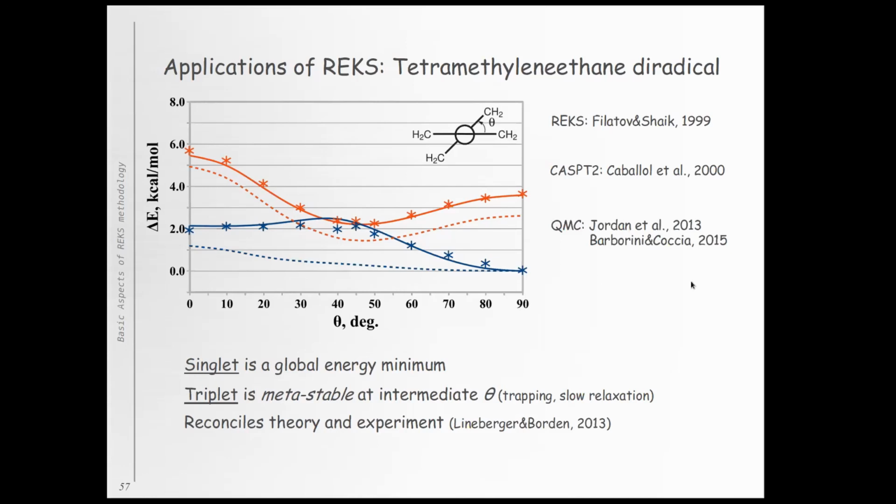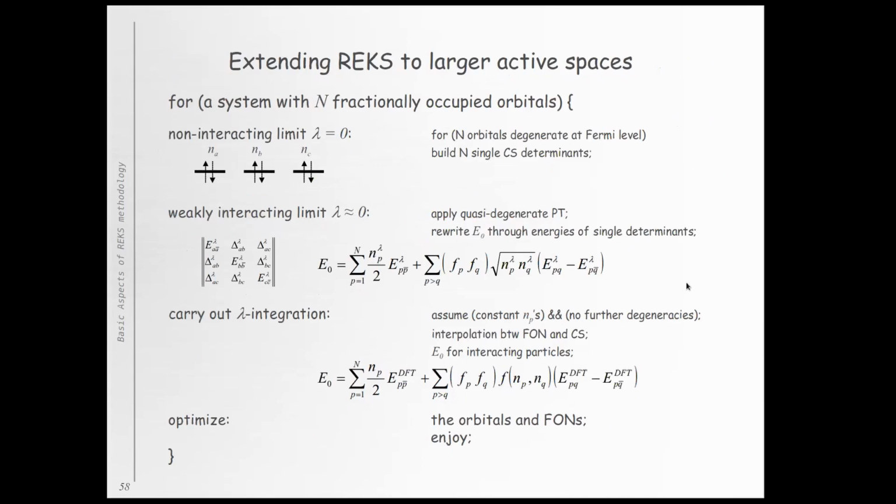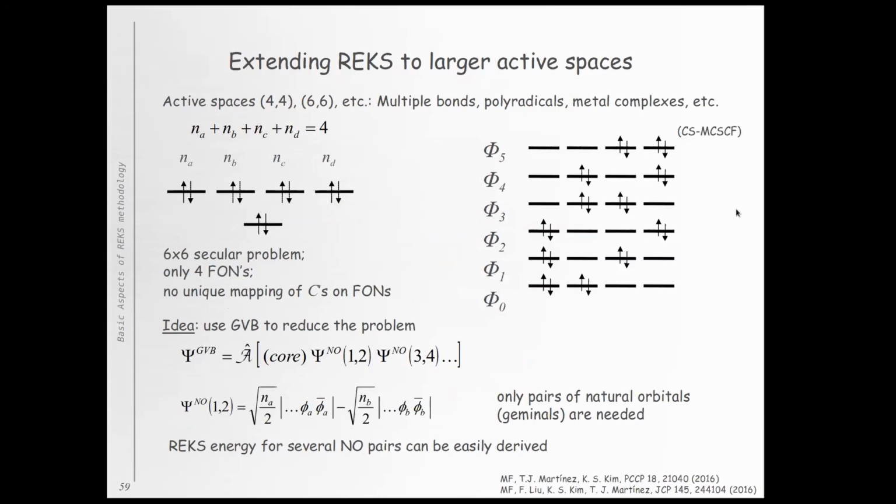I will not show many more examples of applications of REKS. I will briefly mention only that the REKS methodology, which was before described only for active spaces with 2 electrons and 2 orbitals, can be extended further to active spaces of larger size, for example, including 4 orbitals and 4 electrons, or even 6 orbitals, 6 electrons, and so on.